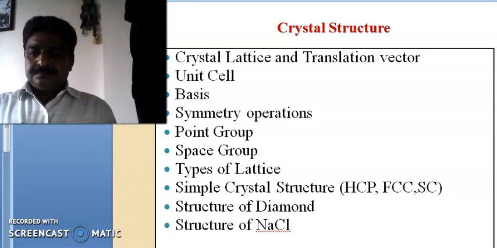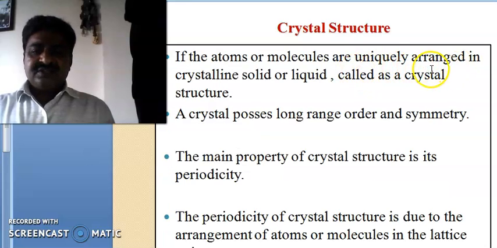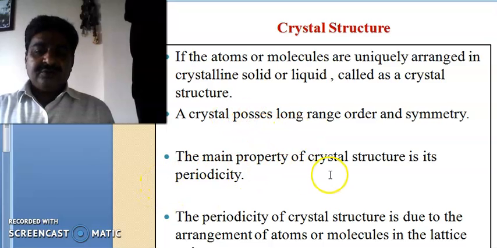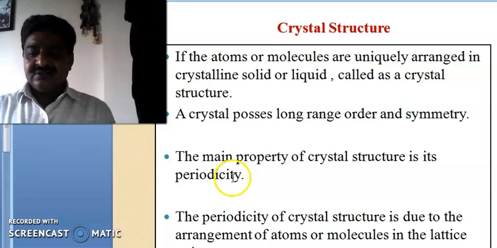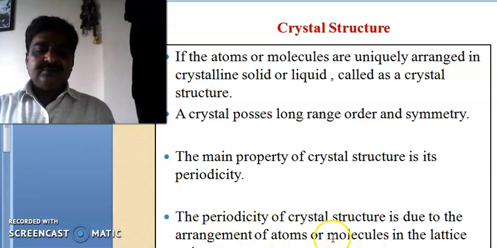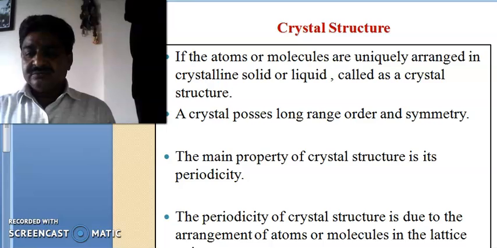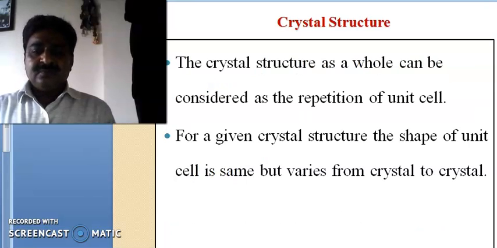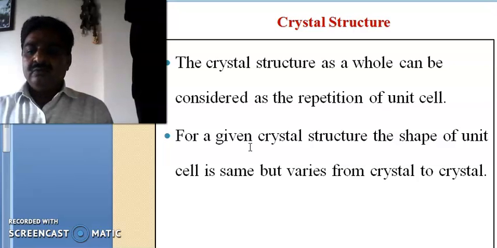What is crystal structure? What is the main property of crystal structure? That is periodicity. This periodicity is due to the arrangement of atoms or molecules in the lattice points. We have also seen that for a given crystal structure, the shape of the unit cell is the same, but it varies from one crystal to another.